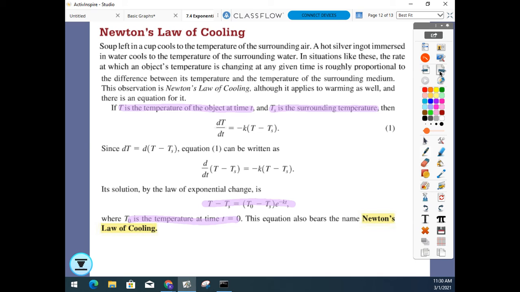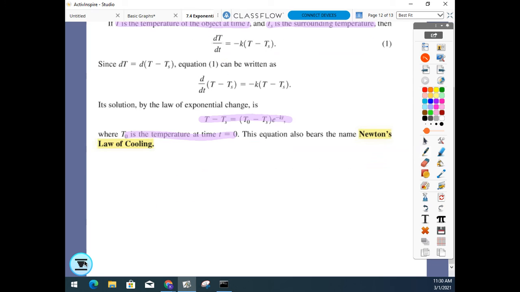Okay, so this whole great big mess, I'm going to do this. So this is the formula, and let me do this so you're able to see it better.